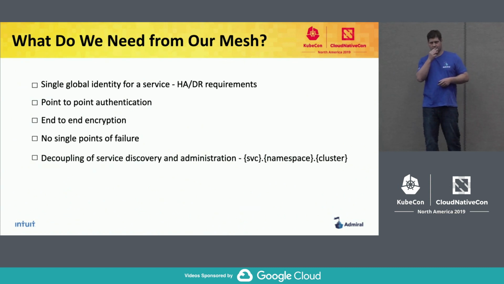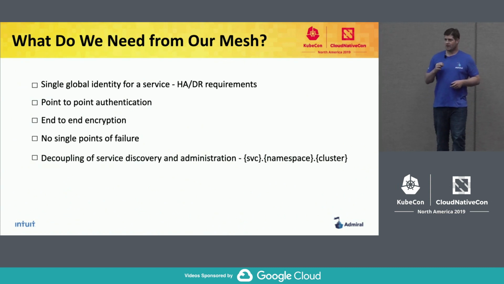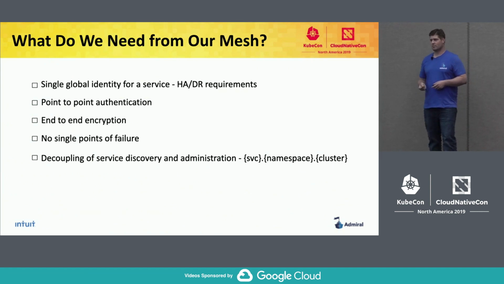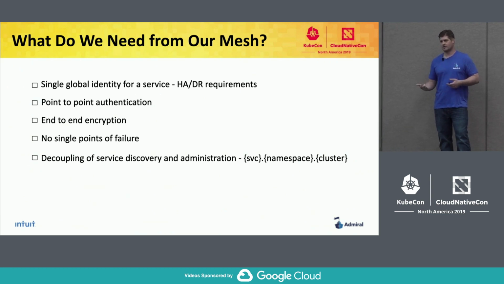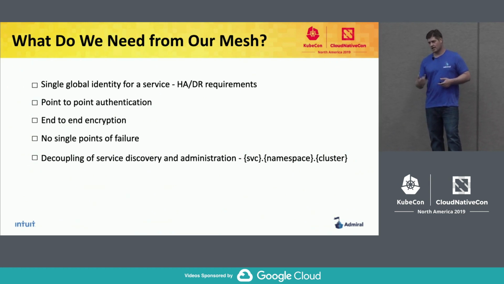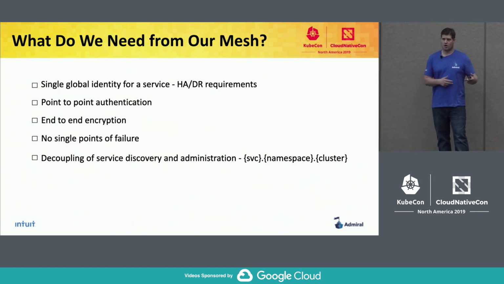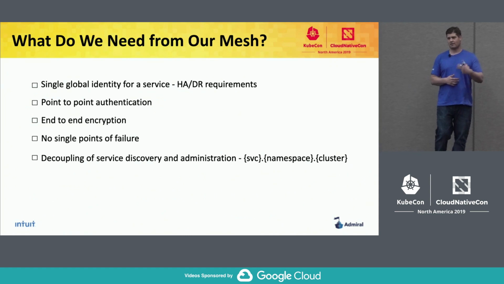And then this particular one: by default, the DNS name that Kubernetes gives you has the namespace and the cluster suffix put into it. That starts to couple the service discovery, how you locate the service, with what we would consider the administration boundary of the service. So if that service changes ownership or moves between different namespaces, we wouldn't want all of the clients to have to update how they address that service.